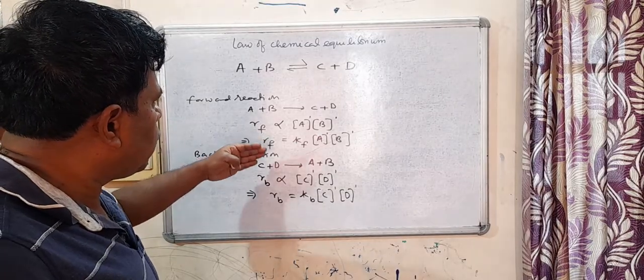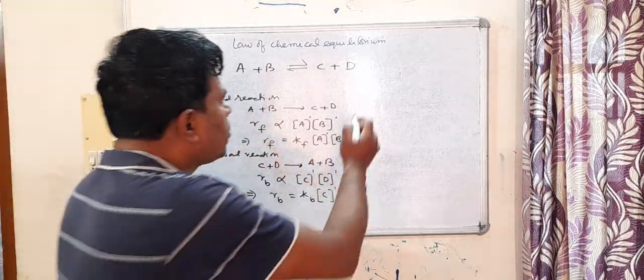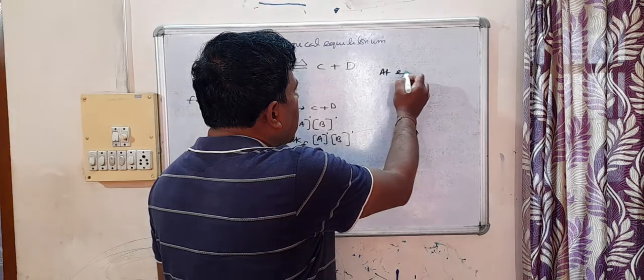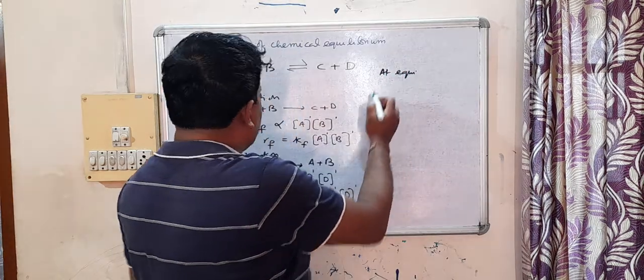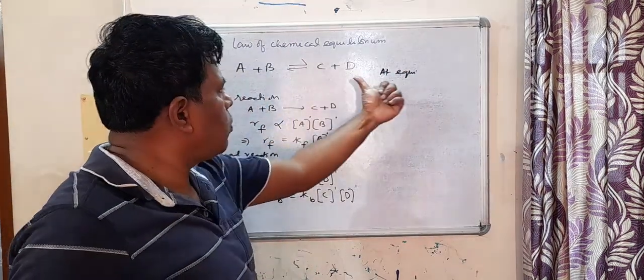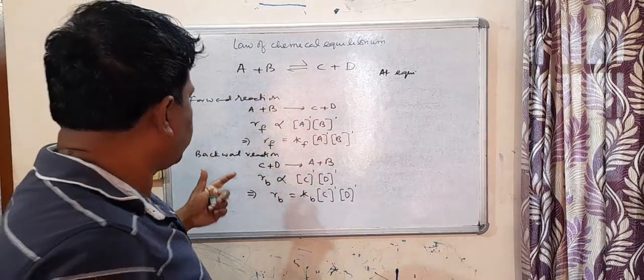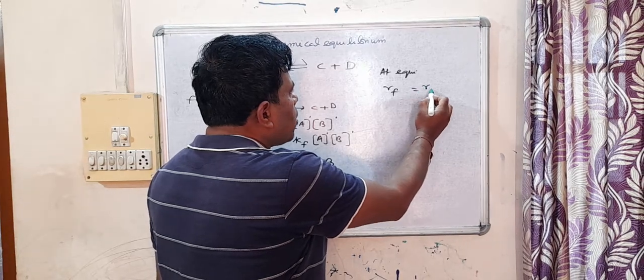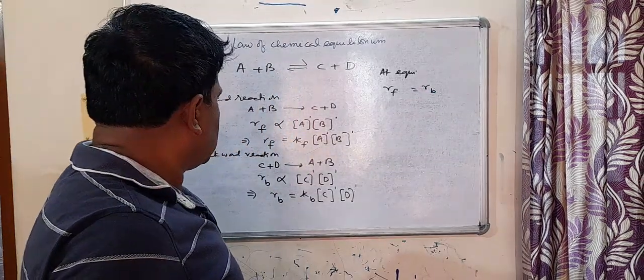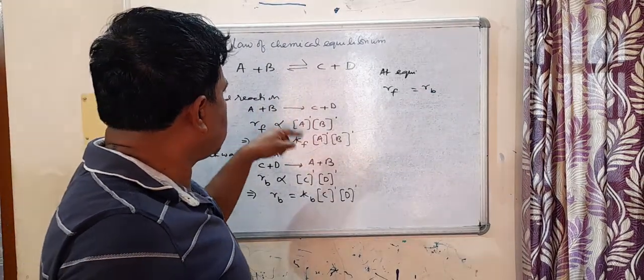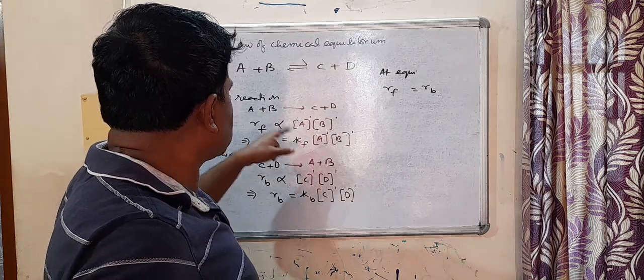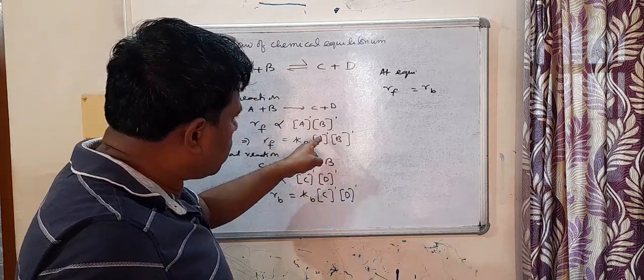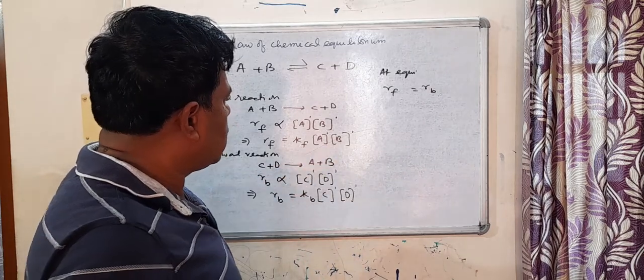Okay, now we know that at equilibrium rate of forward reaction will be equal to rate of backward reaction. That is, at equilibrium Rf is equal to Rb. Now at equilibrium, the molar concentration of A will not be just like this, it will be different.